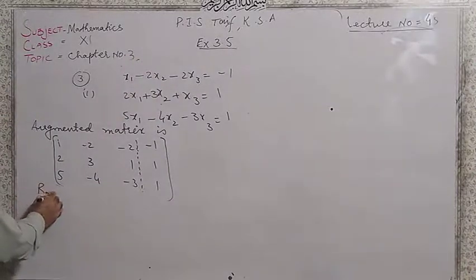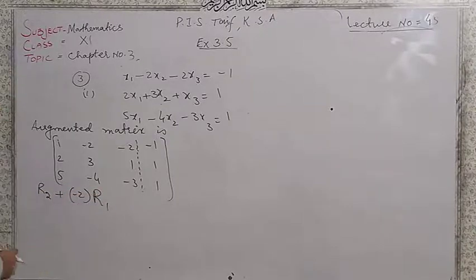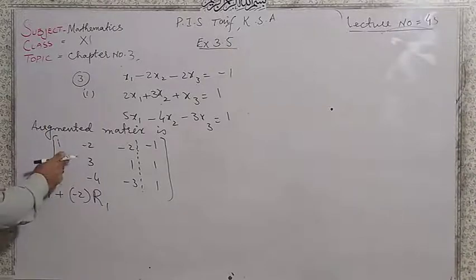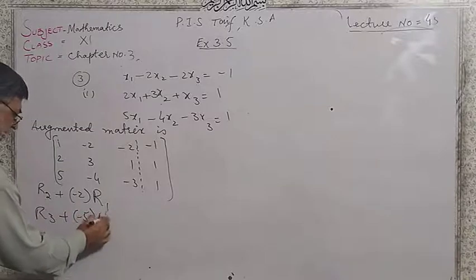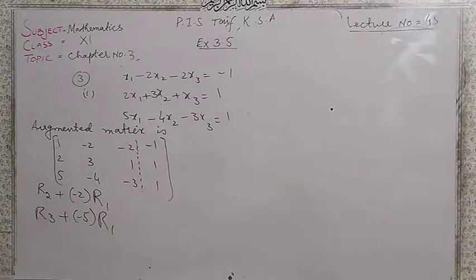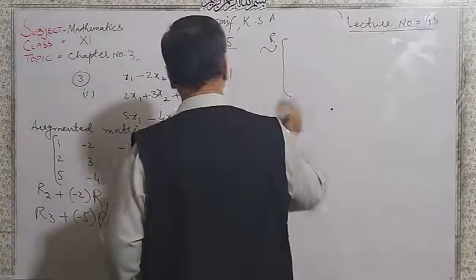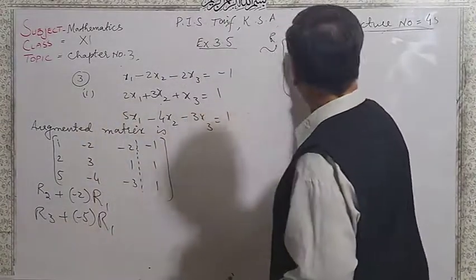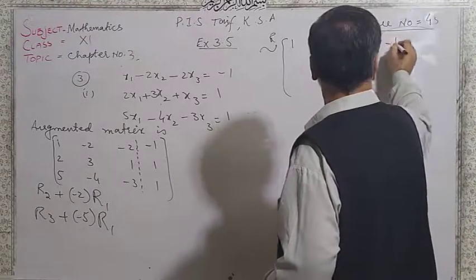So here is R2 plus minus 2 R1. If we multiply R1 by minus 2 and add here, it will become 0. And R3 plus minus 5 into R1. Remember that 1, minus 2, and minus 1.